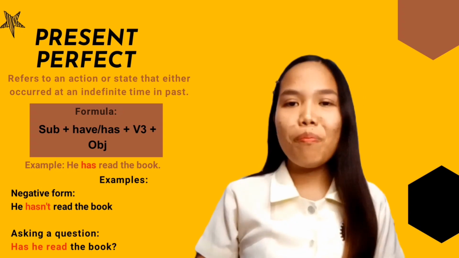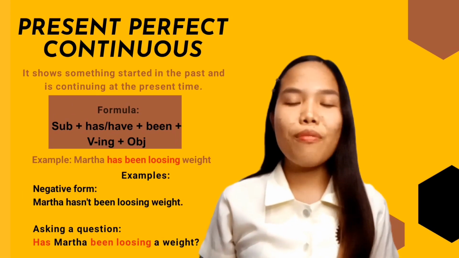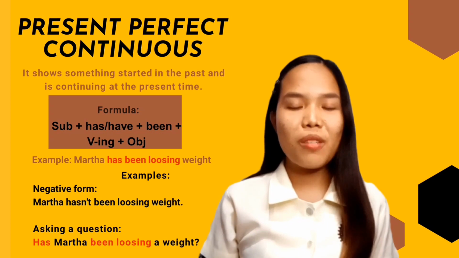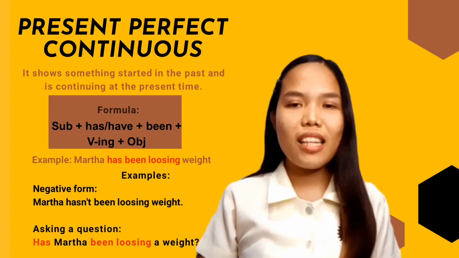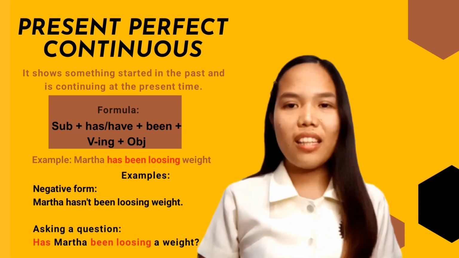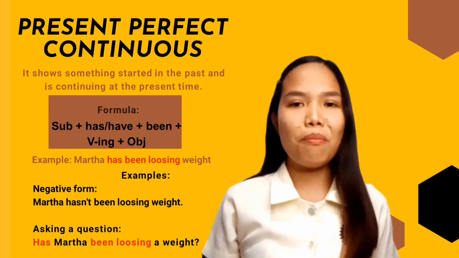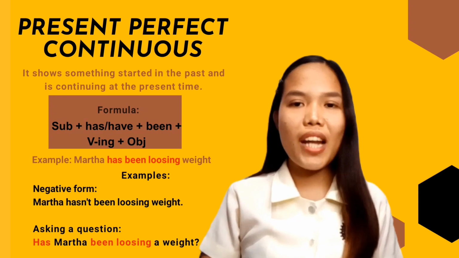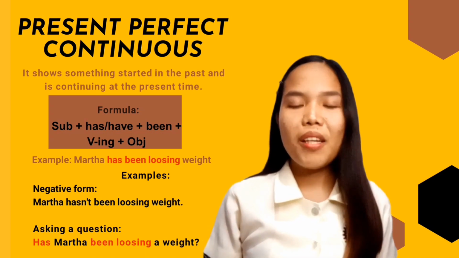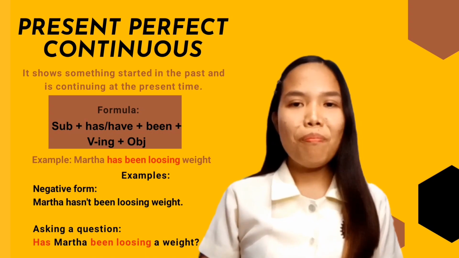And the last one in present tense is the present perfect continuous. It started from the past and is continuing in the present. The formula for present perfect continuous is simply subject plus has or have plus been plus verb with ing plus the object.